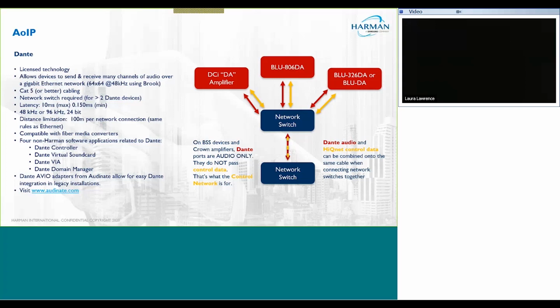So maybe if I install Dante Via, I can assign title music to Dante Via, I can assign Amazon Prime music to Dante Via, I can assign my Apple iTunes to Via, and then those all show up as separate sources in Dante Controller, and I can then route to anywhere else on my entire Dante network. And again, those natively show up in Dante Controller. And again, I think Via is around 50 bucks, that's US dollars.